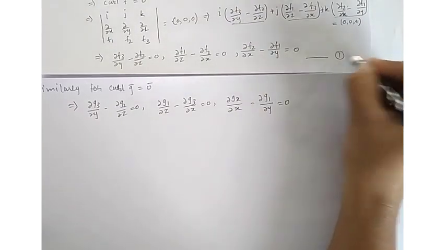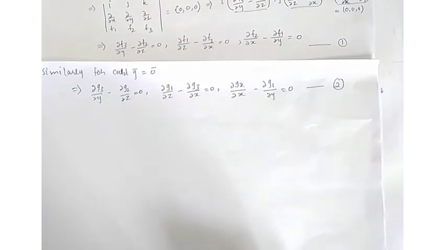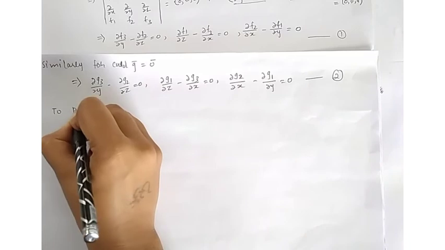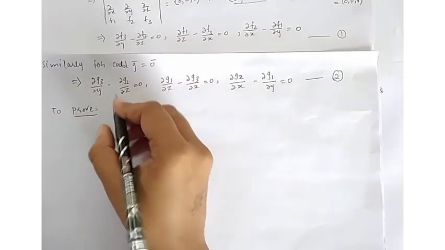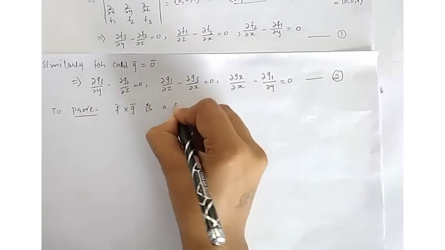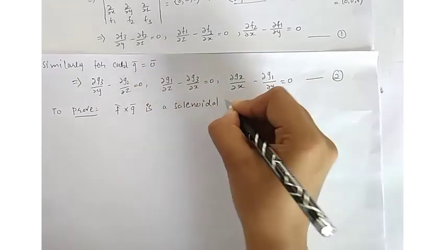Call the first as equation number 1 and this as equation number 2. Now we have to prove that f bar cross g bar is a solenoidal function.